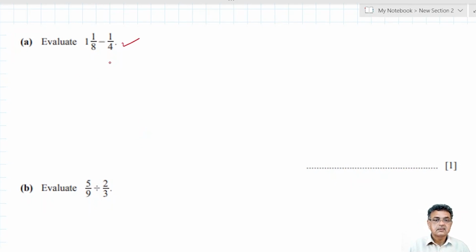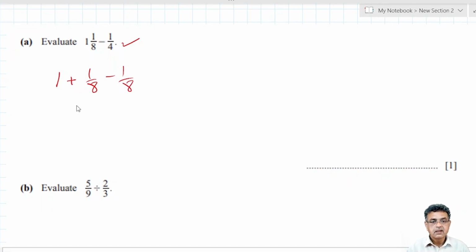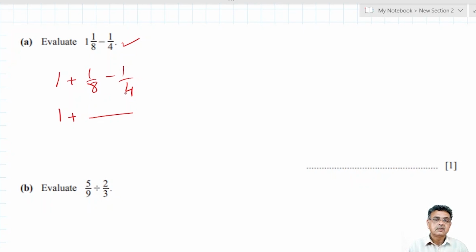In this question, we have already discussed this technique in rational numbers, that if there is some whole number, then it is better to separate that whole number while solving the fractions. Leave the whole number on this side, and solving these two fractions, their LCM will be 8.